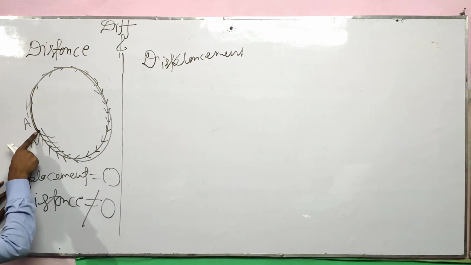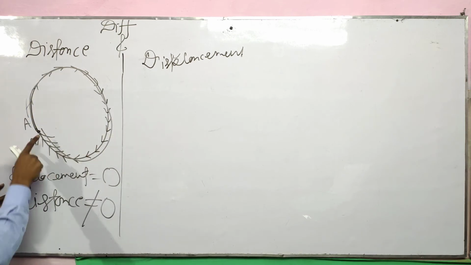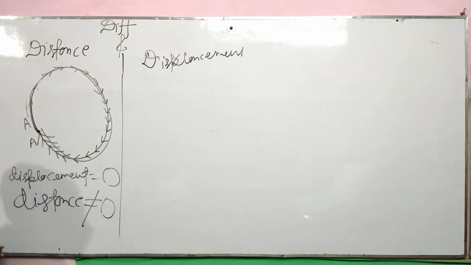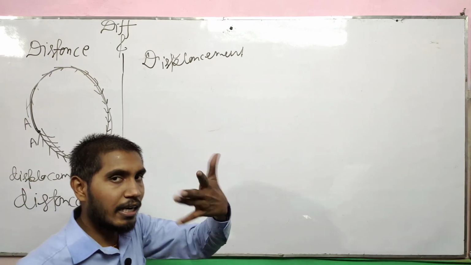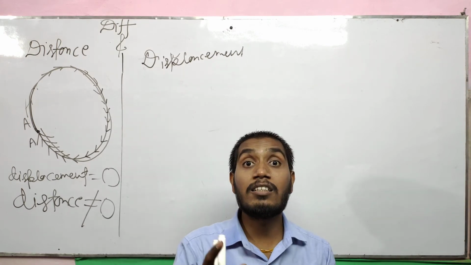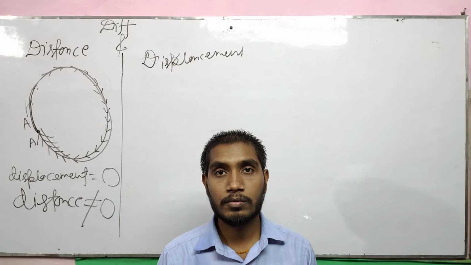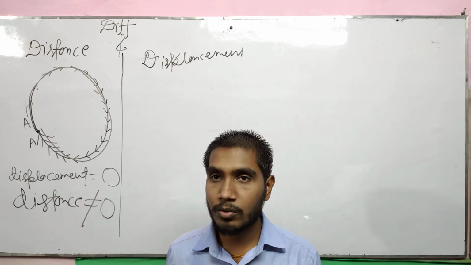Here, start from this and also reach at this. Displacement is 0, but distance is not 0. Distance is the total covered path. So it is not always necessary.